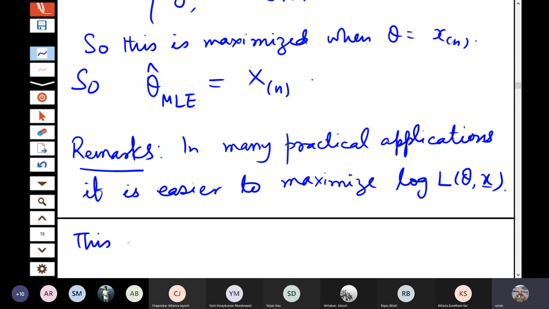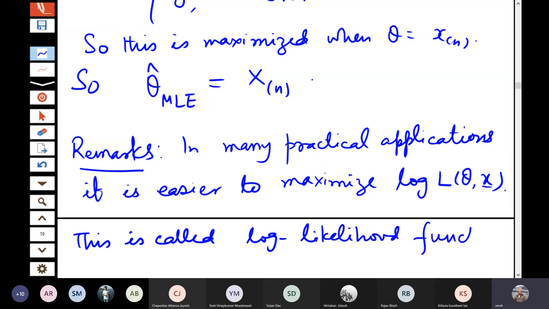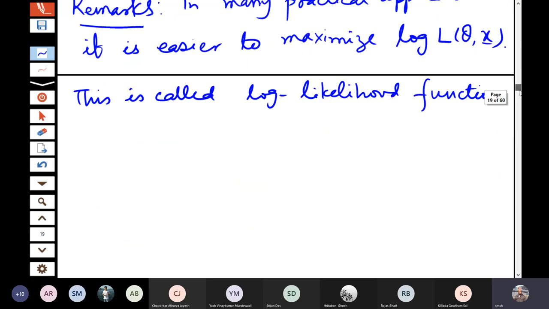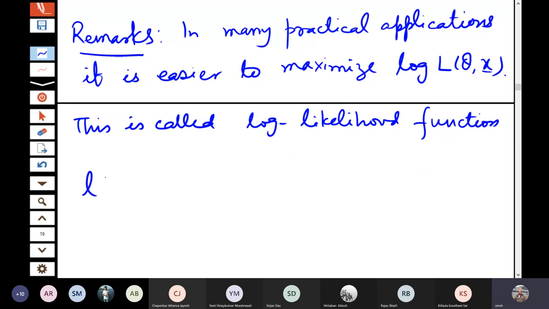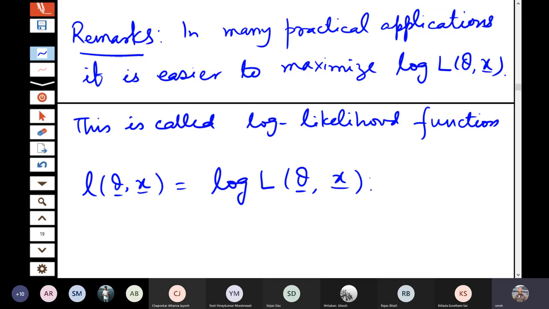This is called the log likelihood function. I use the notation capital L for the likelihood function, so for the log likelihood function, generally we use small l, that is log of L(theta, x). So let me give examples of this here. Let us take a break for 5 minutes and then I will continue here.